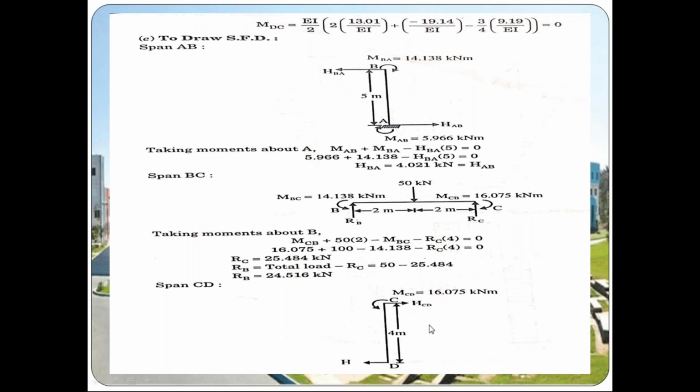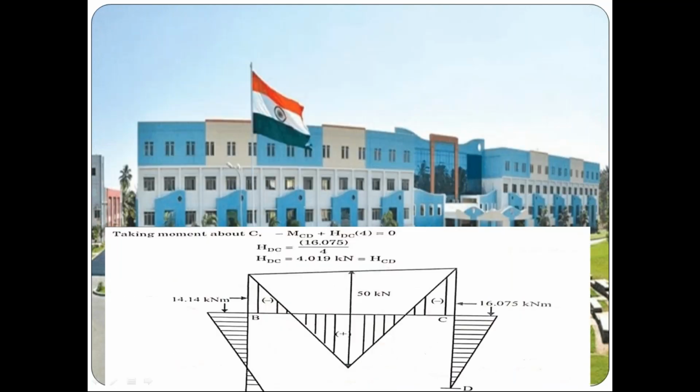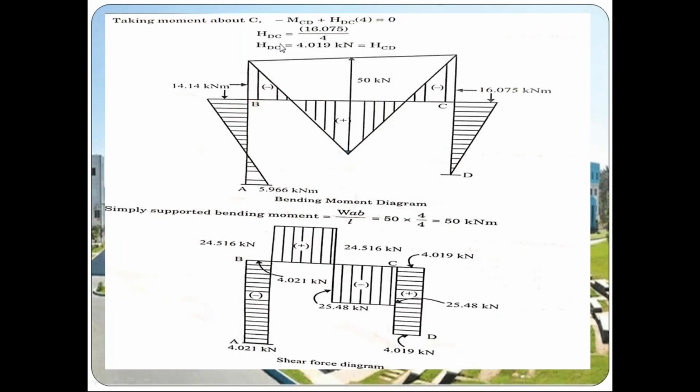On solving this, we get HDC equal to 4.019 kilonewton, and HCD equal to the same value, 4.019 kilonewton. We are getting positive values only, which means the assumed direction is correct. The next step is the diagrams. First, we draw the bending moment diagram.